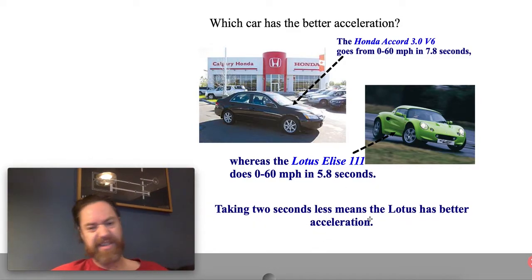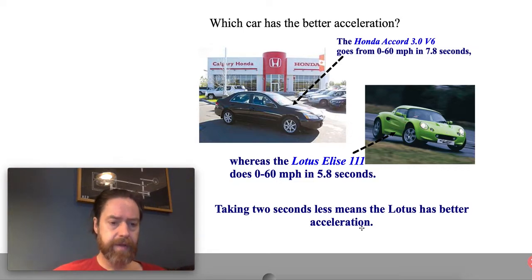So there you go, taking 2 seconds less means the Lotus has better acceleration. So this leads us to think about that when we wanted to come up with a definition for velocity, we said it was the rate of change of it. And to work that out, we said, well, how much did the distance or displacement change in how much time? So we divided it by time.